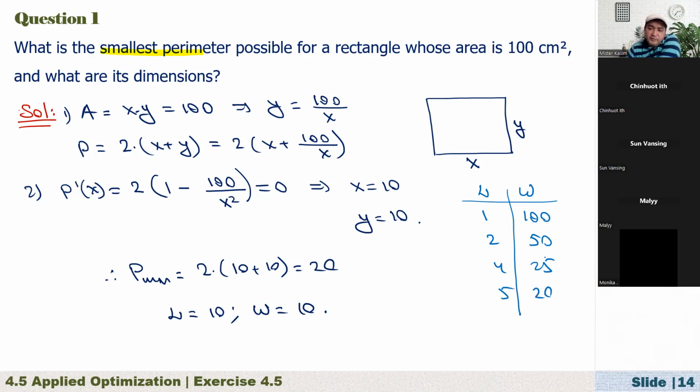In each case, if you find the perimeter, in the first case the perimeter is 202, right? Second one, it is 104. And third one, what is the perimeter? That is 58, right? And next one is 5 plus 20, that is 50, right? So here we can continue. So among them, what is the smallest one? What is smallest if length and width are equal to each other?